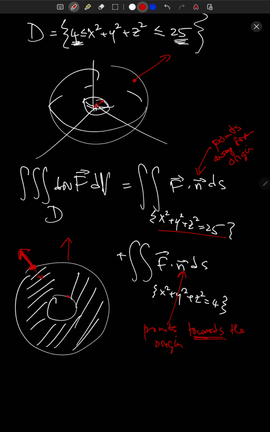For the smaller circle, the outward normal points like that, because the other normal points into the region. Outward is always outward relative to your region. So when you do this calculation, this normal right here has to actually point towards the origin. Be careful about that.